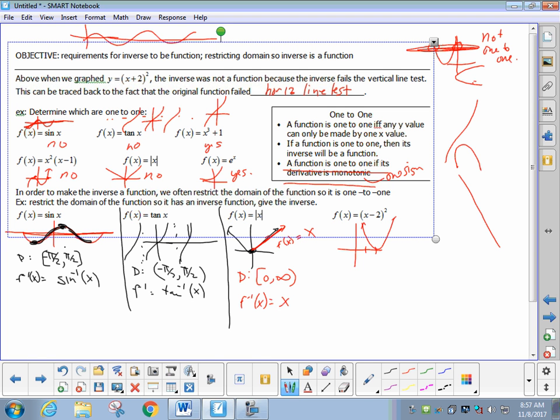And so restrict it so it passes the horizontal line test. What do you want to do? 2 to infinity? Oui. And the inverse then would be what?